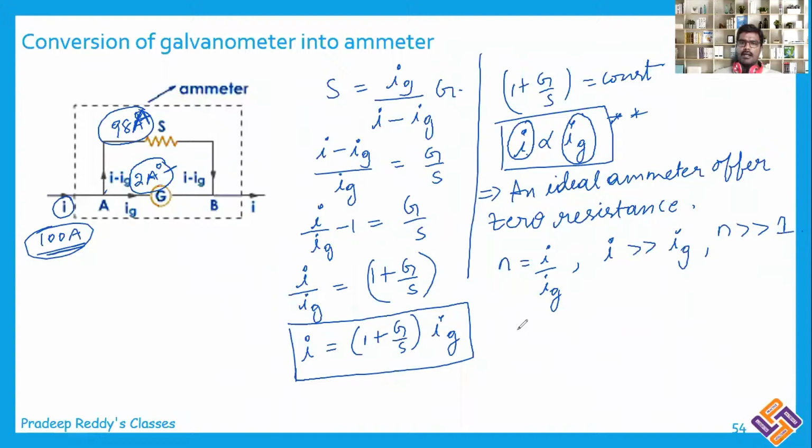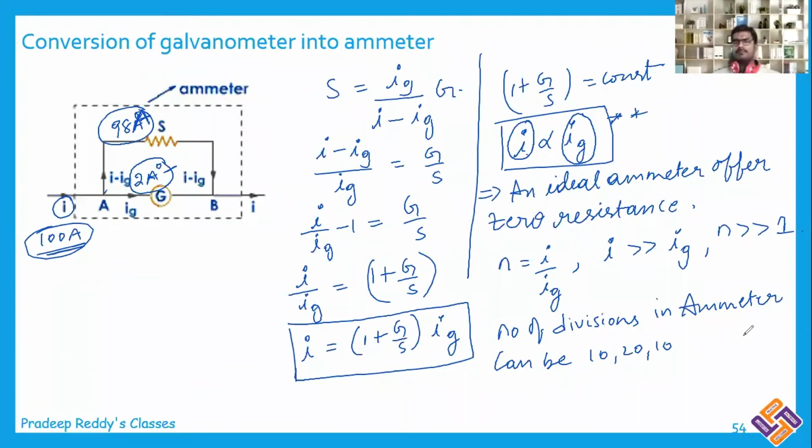Therefore, the number of divisions in the ammeter can be 10 or 20 or 100, and so on. Clear?